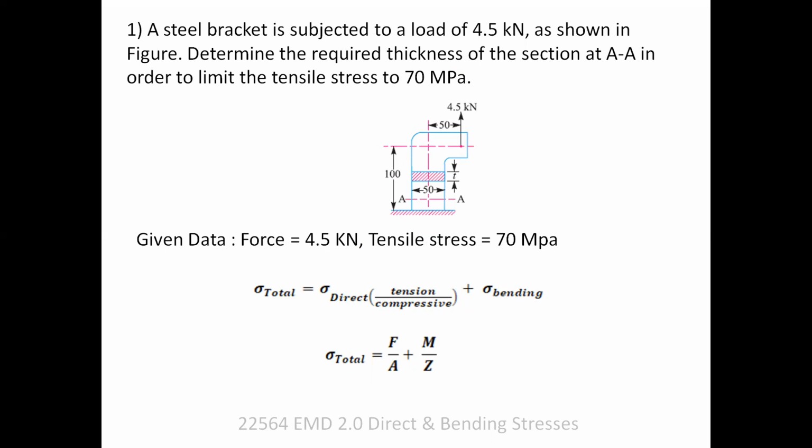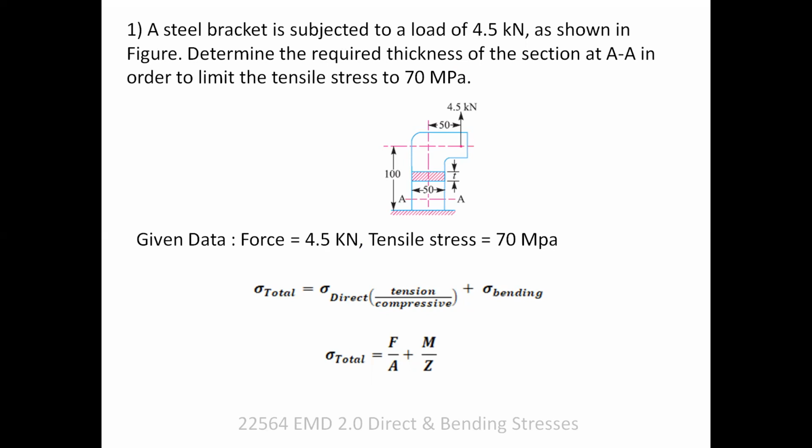Now, if it is a problem of direct and bending, we must say that the 4.5 kilonewton will try to pull that particular bracket. After that, there is bending. So here we say there is direct tension or compression, and here there is tension plus bending.